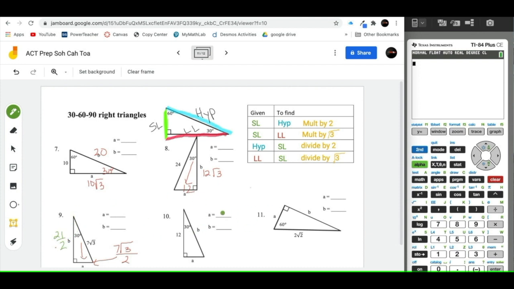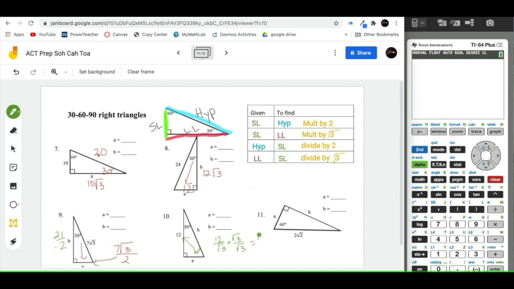And just a couple more to practice. Here's a 30 and a 90, so this has to be 60. They gave me the long leg first because he is across from the 60. So this is the long leg. To go back and find the short leg, I'm going to divide by radical 3. So 12 divided by radical 3. Well, can't have a radical in the denominator, so I'm going to rationalize it by multiplying by the number 1 in the form of the problem. The problem is radical 3, can't have him down there.